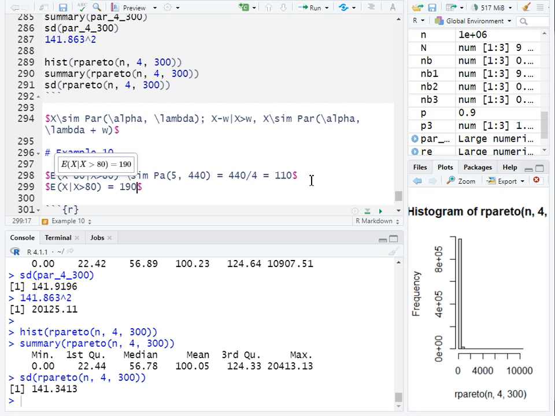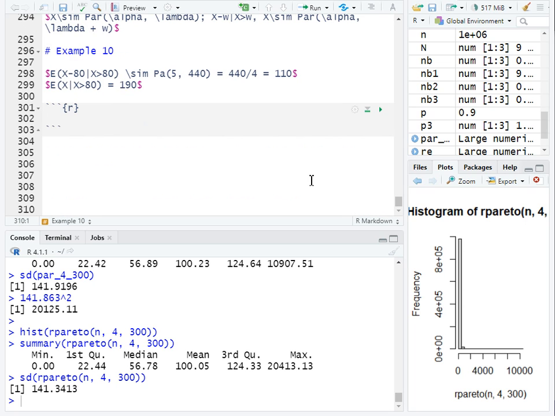Next, we know that the probability that X more than 80 is calculated like lambda over lambda plus w, everything to the power of alpha.